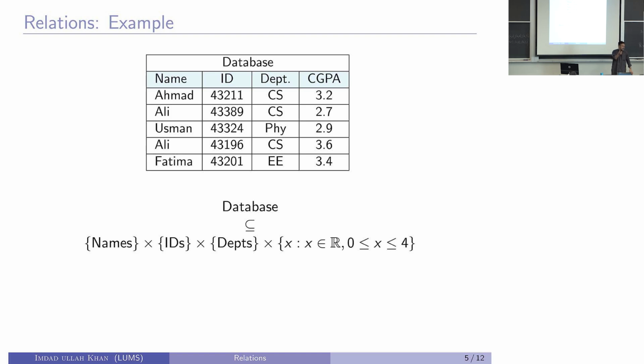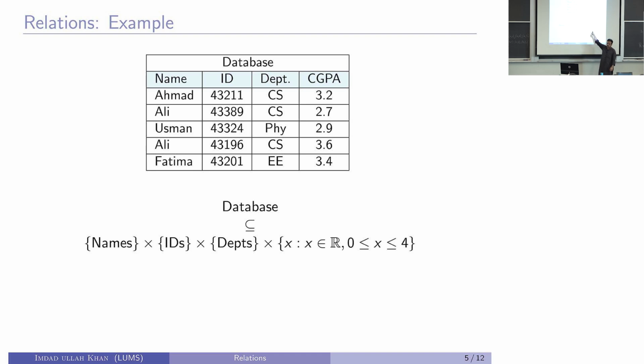It has 4 fields. The first field is an element of the set of names. The second coordinate is an element of the set of IDs, the third coordinate is an element of the set of departments or programs, and the fourth is an element of the set of real numbers between 0 and 4.